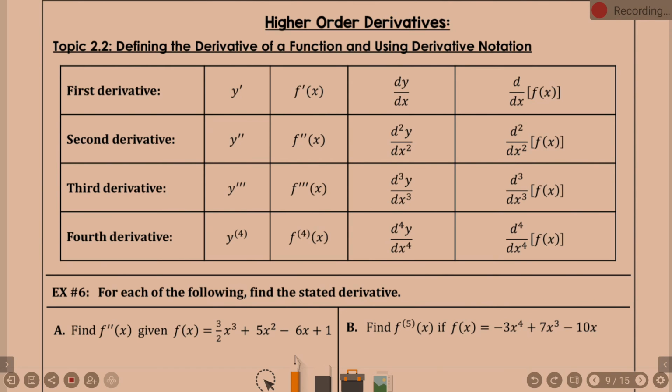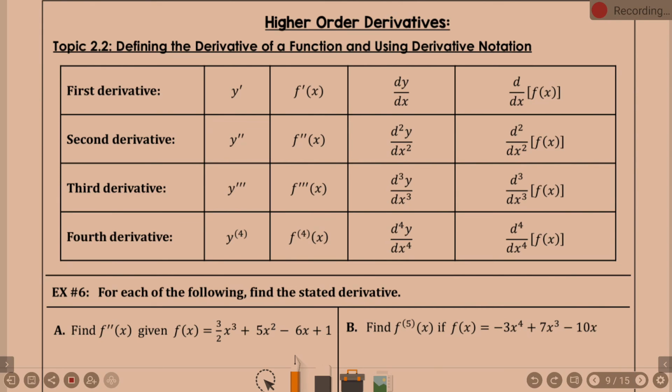Those are all first derivative notations. Second derivative, easiest is to do double prime. So y double prime, f double prime. Over here, it's d squared y over dx squared, or d squared over dx squared. That's second derivative notation. Third derivative, triple prime or changing to threes.